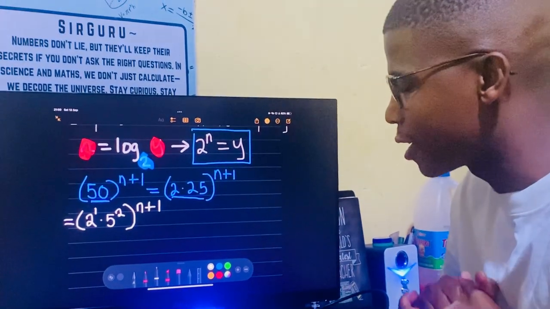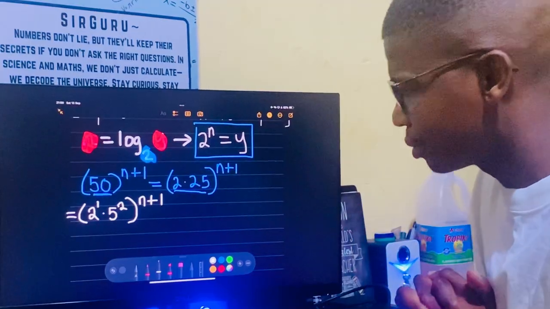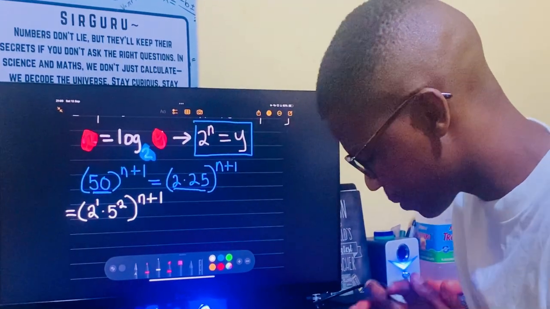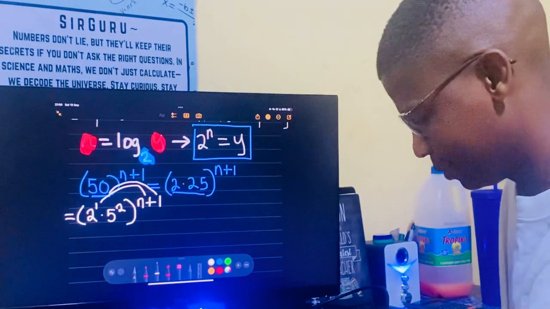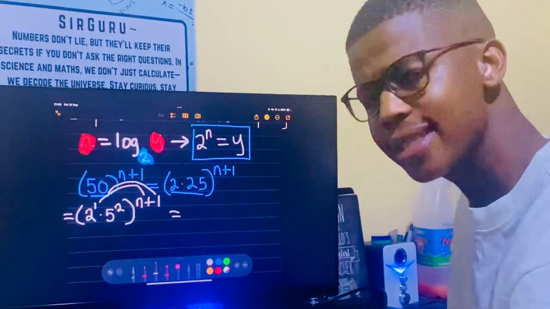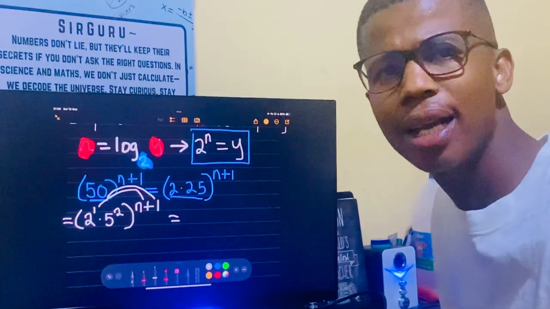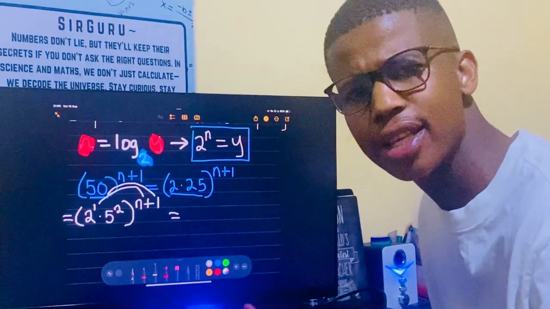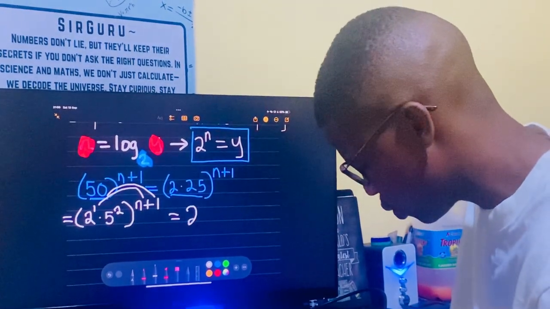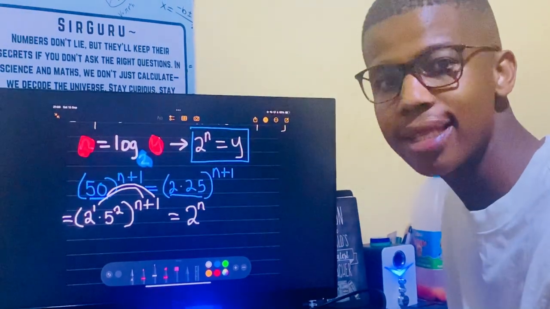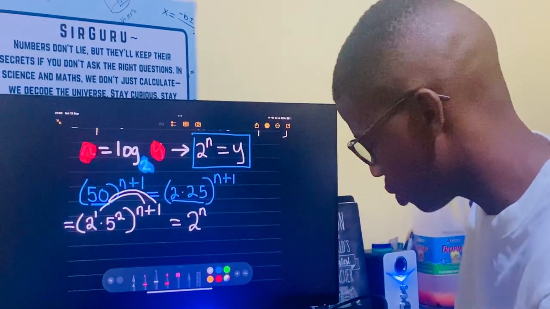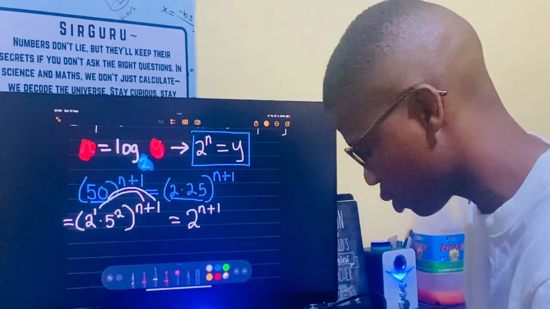Here the inside exponent always multiplies with the outside exponent. That is the rule. So it's going to be 2 to the power n, because 1 times n is n, and then 1 times 1 is 1, so it's going to be plus 1 there.